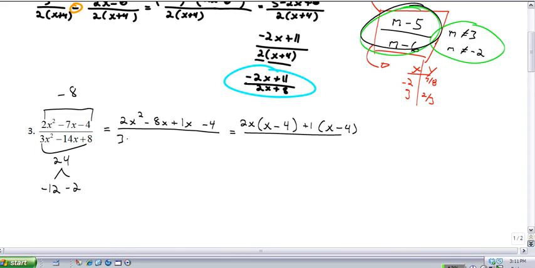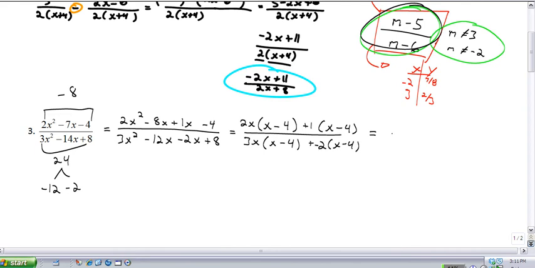So 3x squared minus 12x minus 2x plus 8. Okay, you can take out a 3x, and you get x minus 4 plus x minus 4. That would be a -2.